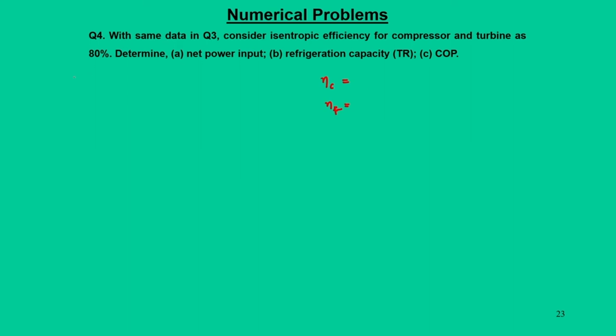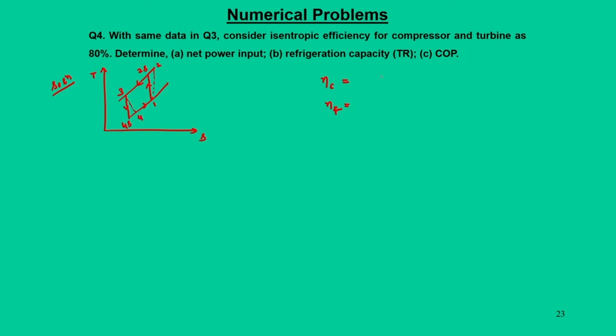To do this, first we have to recall the TS diagram. There, processes 1, 2s, 3, 4s are isentropic. Processes 1, 2, 3, 4 are the real process.